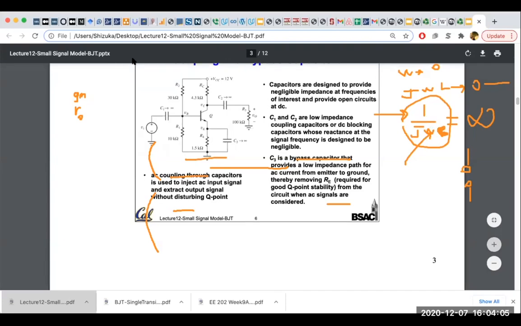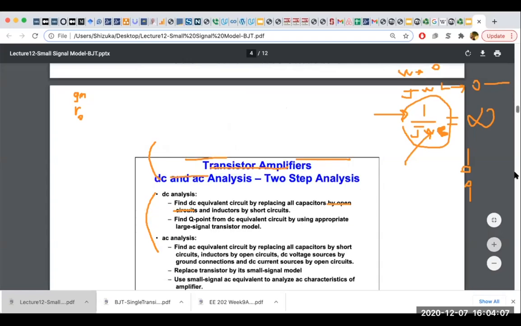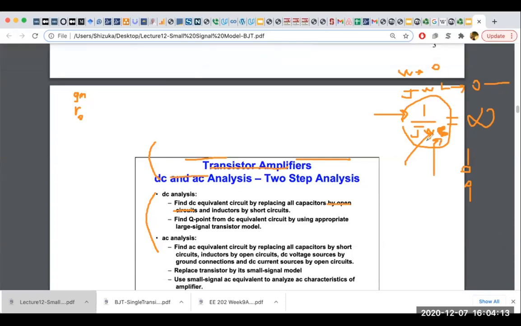That's why it says capacitances are short. If the C is big, this impedance is basically short. If the L is big, this j omega L is so huge that it says inductors are open circuits.